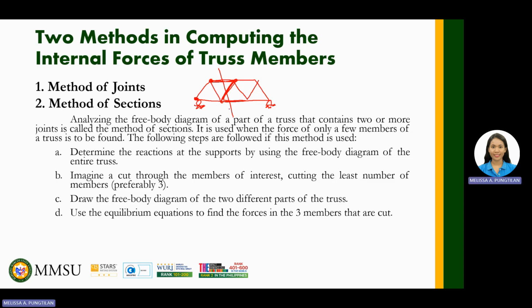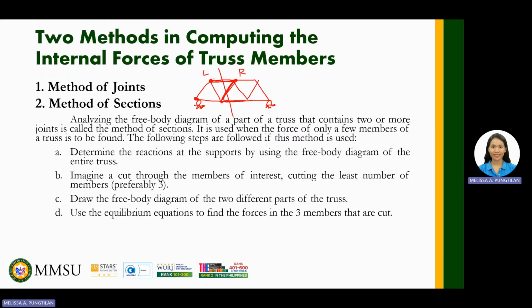Next, draw the free body diagram of the two different parts of the truss. Since we have a cutting line, we will have two parts, the left and the right portion. We choose only one portion, set aside the other, and reflect the internal forces.